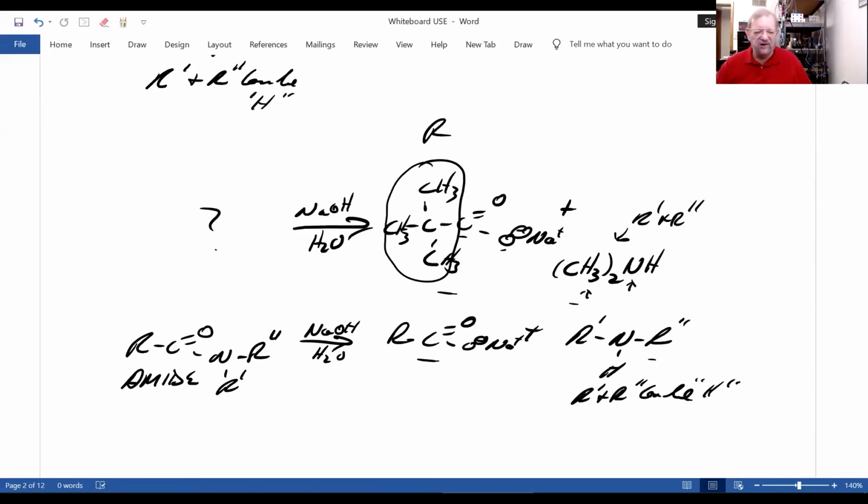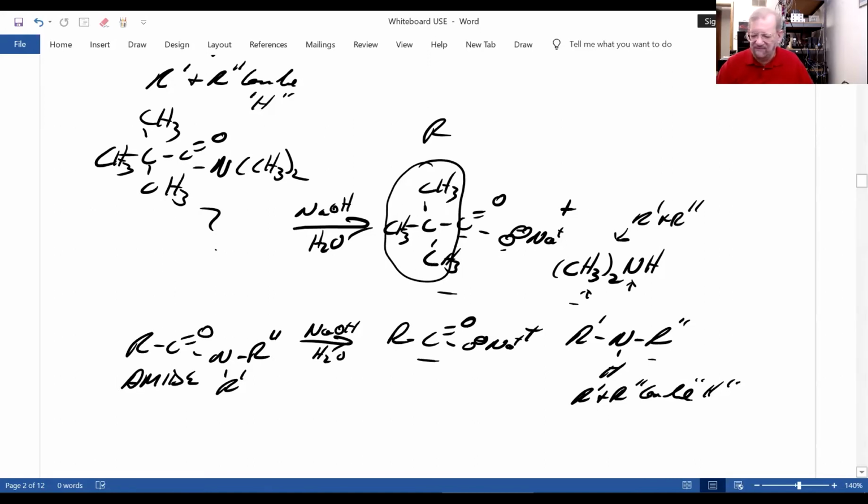And now, if we go back and look, R is 4 carbons, and R prime and R double prime are methyls. And that's how you do it.